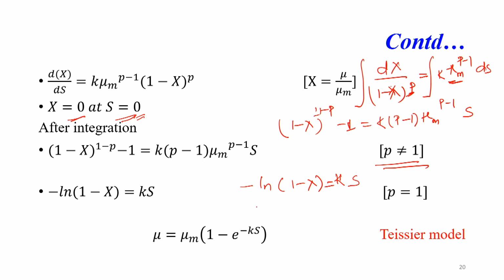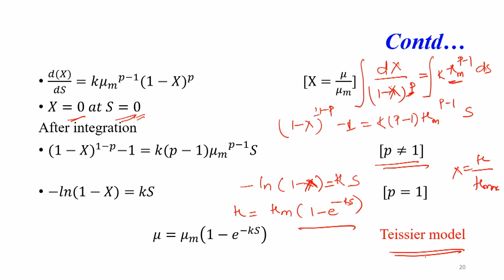If you rearrange this, where x is mu upon mu max, we will get mu equals mu max (1 minus e to the power minus ks). In fact, this is another kinetic model that is called the Teissier model. So, when the value of p is 1, we end up with the Teissier model.